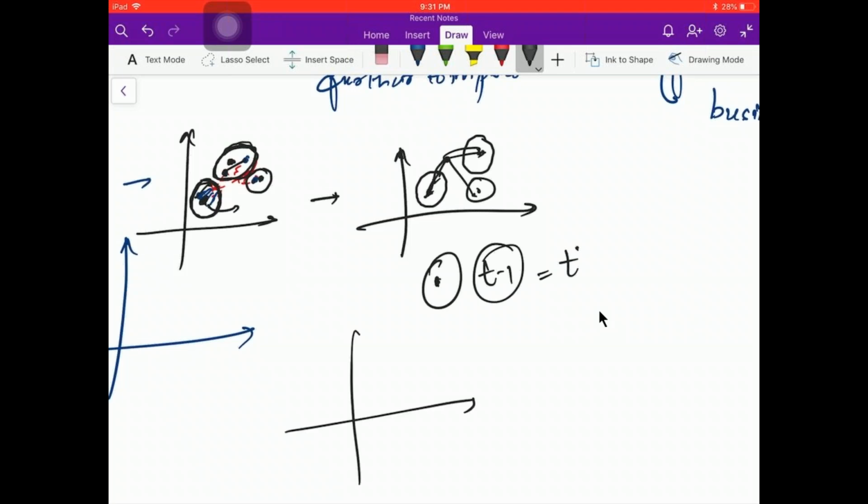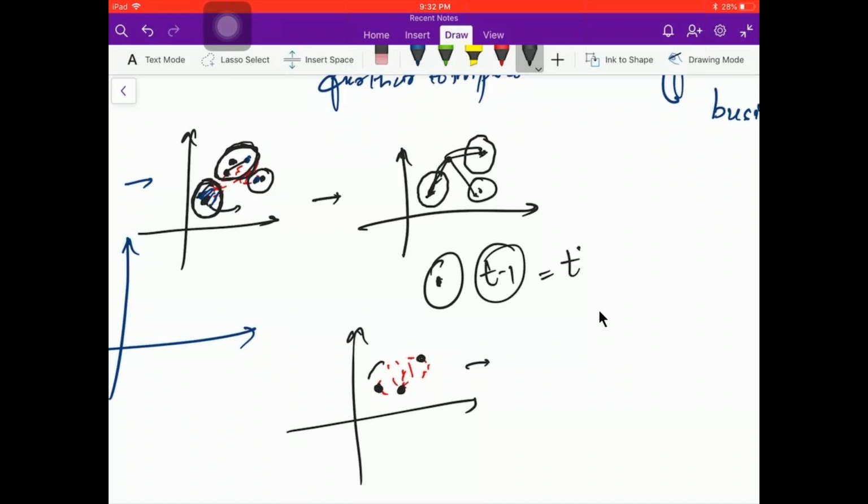What I told you is that the first cluster center assignment is random, right? So I have a random assignment. After this assignment is done, we have the clusters. Next, this cluster will have a new center because new points came in, and then again a cluster will be formed. This cluster will have a new center because new points came in.